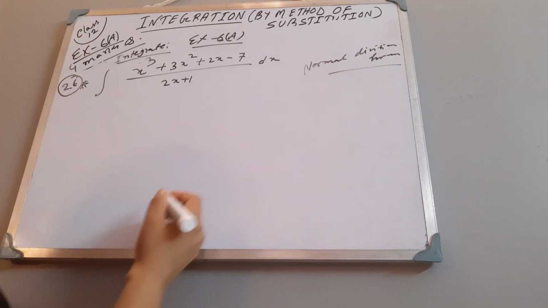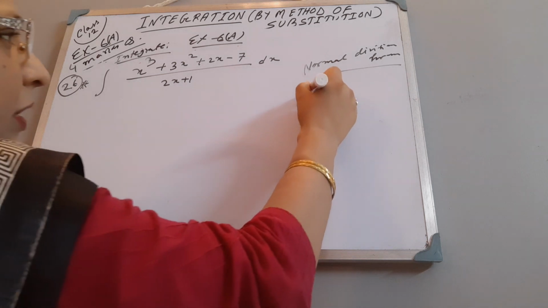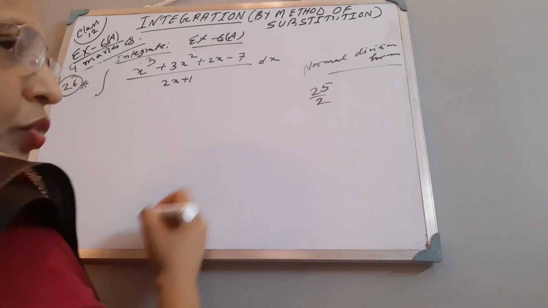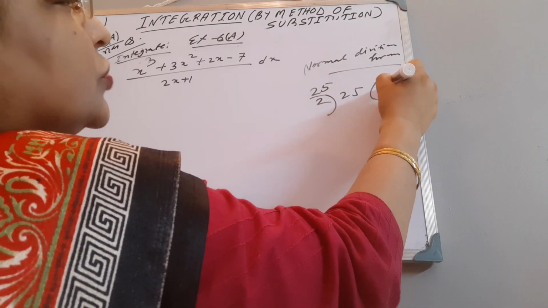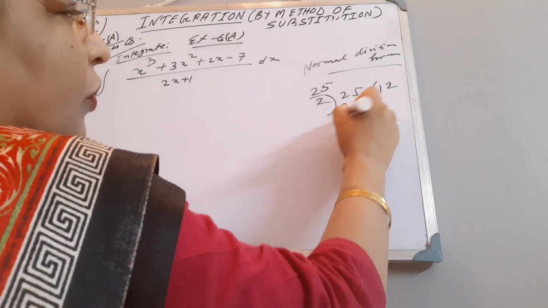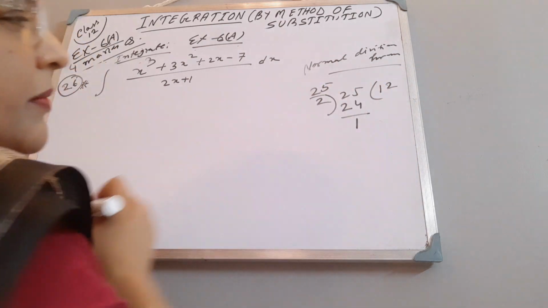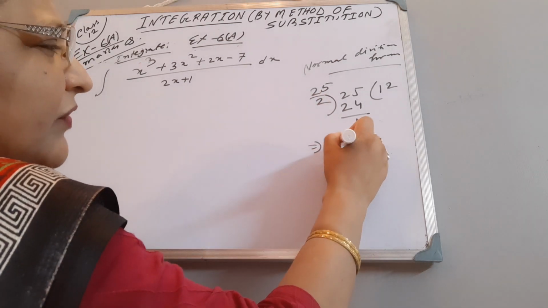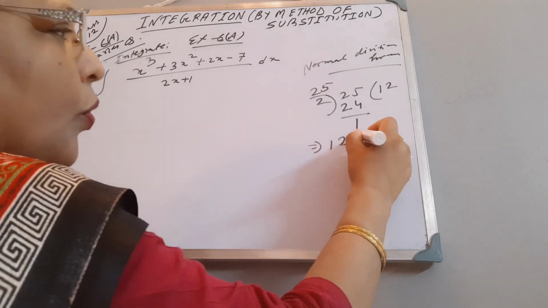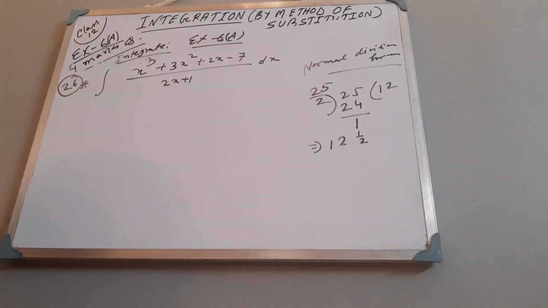Say if I take 25 by 2, then what do we do? 2 12s are 24, then the remainder is 1. So how can we write 25 by 2? 12 whole number 1 by 2. Yes or no?